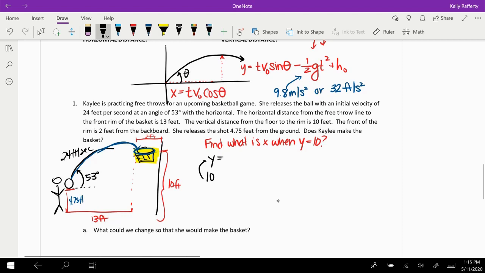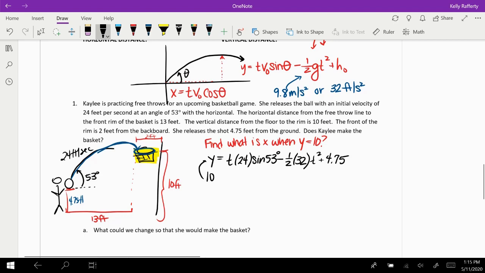T is our parameter, time, so I'm going to leave T. The initial velocity is 24. I'm using sine, and the original angle was 53 degrees. 32 feet per second squared is my gravitational constant here. And 4.75 was my initial height.